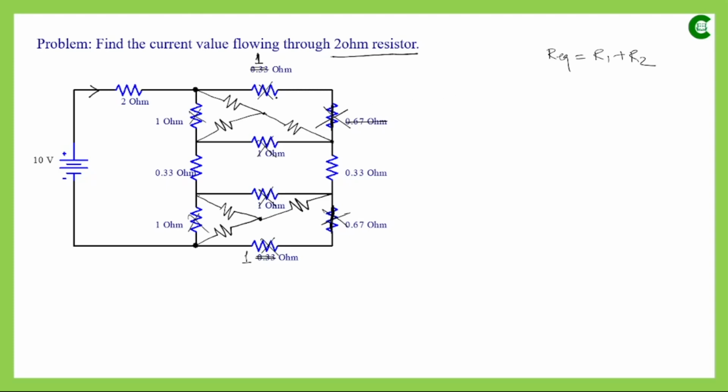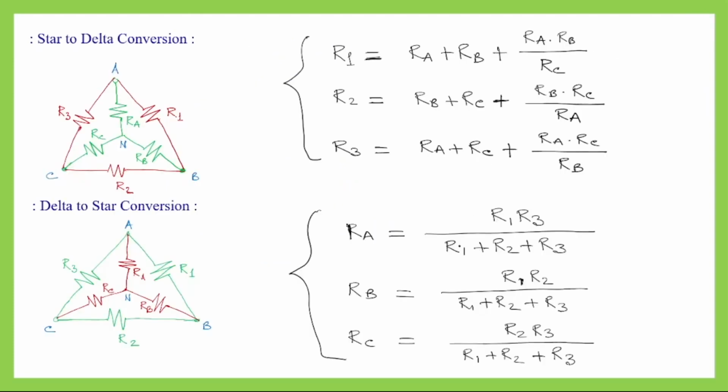this value will be, in the numerator, the multiplication of the resistances that we have on both the sides of that resistance. So it is 1 ohm here and 1 ohm here, so it will be 1 multiplied by 1 in the numerator, and in the denominator it is the summation of all three resistances.